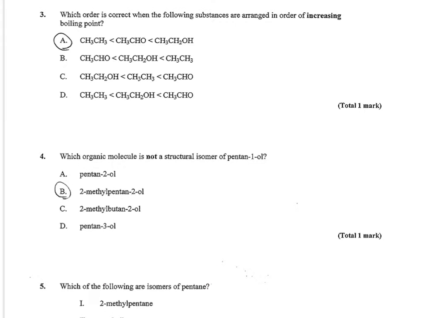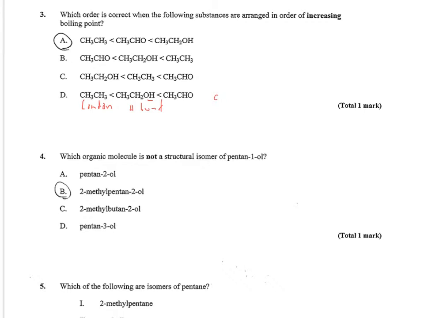Number 3, which order is correct when the following substances are arranged in order of increasing boiling point? And if we look at these, CH3 is all nonpolar, so those just have van der Waals forces or London forces in them. Very weak. The OH, that's a hydrogen bond.